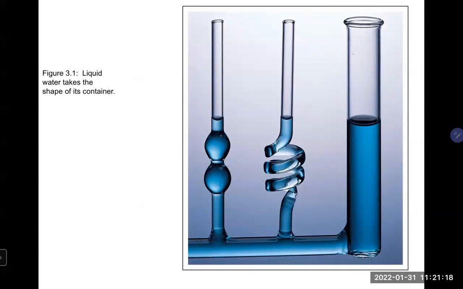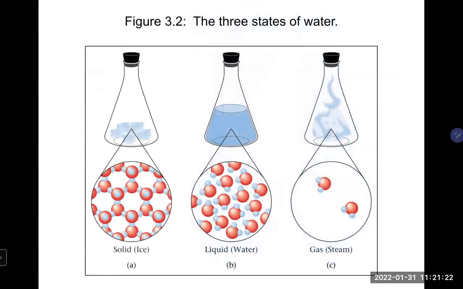So as you can see here, the different shapes obviously liquid can take. Here, as we were talking about earlier, is basically the three different states of water: solid, liquid, and gas.